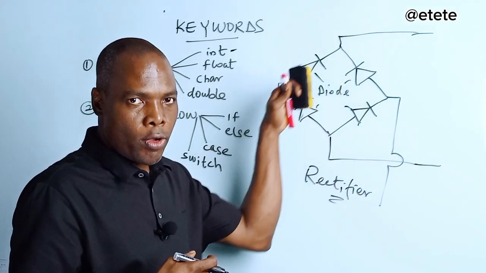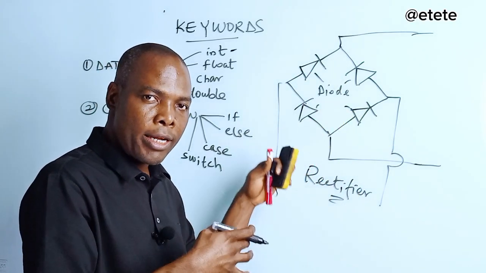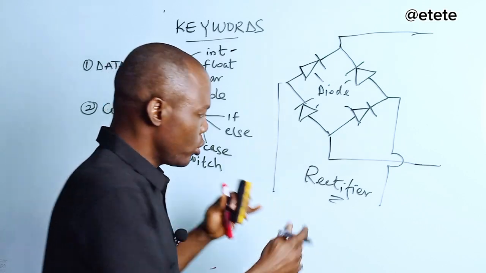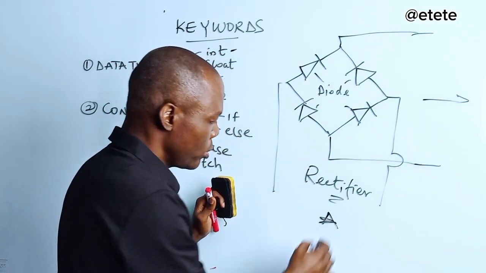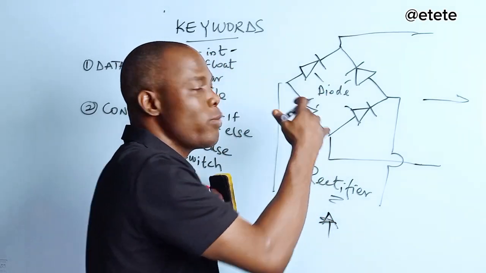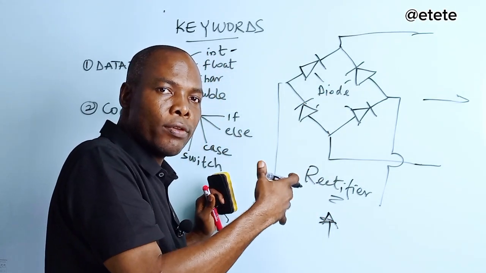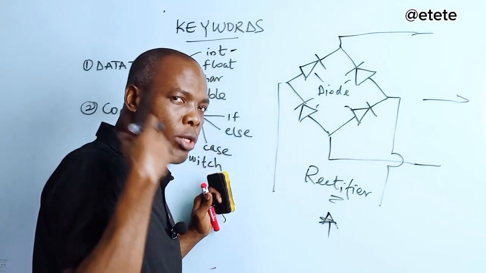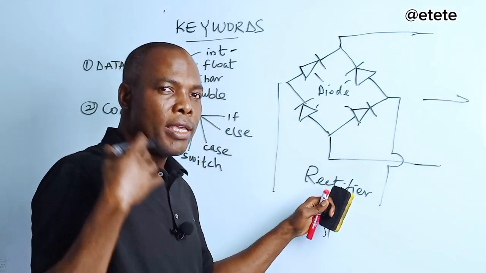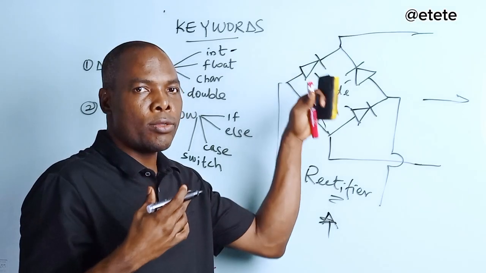And this is used for conversion of electricity from alternating current to direct current. So this is where the input is coming in, and this is the output. The input is coming in here, and then we are converting that alternating current to what? To a direct current using this. So the moment I say rectifier, in your mind, you create this circuit.